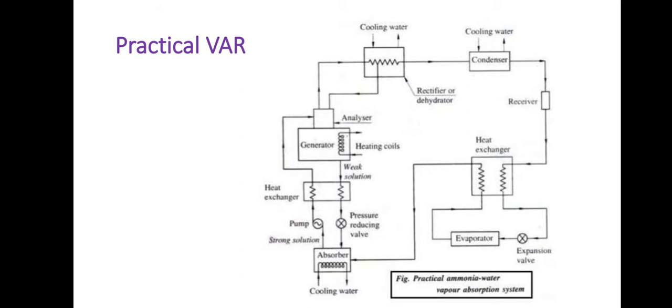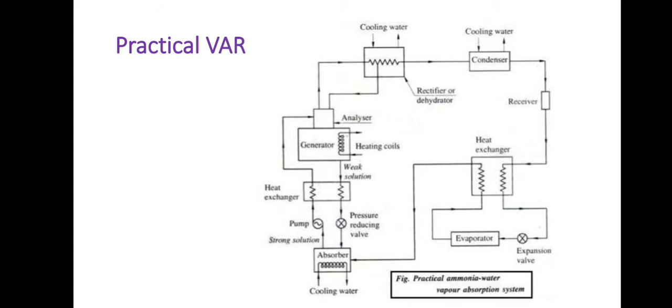In the rectifier we use a cooling medium or cooling water. Whatever small amount of water vapor is still present is condensed here and transferred back to the generator. That means after the rectifier, only the ammonia vapors are supplied to the condenser.